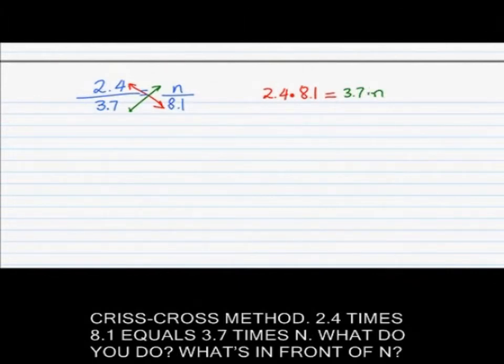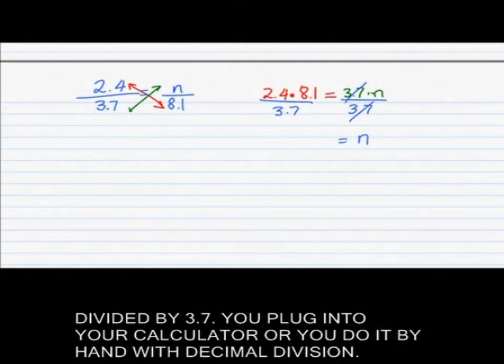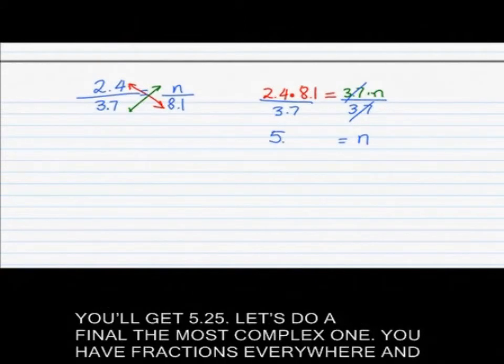What's in front of n? 3.7. You can divide both sides by 3.7. You can cross 3.7 out, and you'll have 2.4 times 8.1 divided by 3.7. You plug into your calculator or you do it by hand with decimal division, you'll get 5.25.